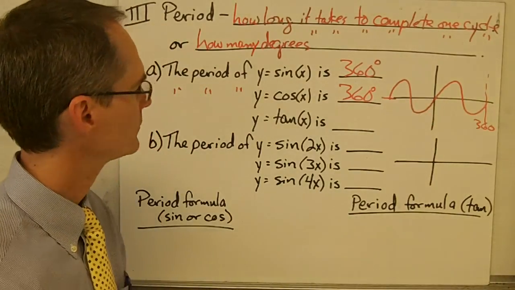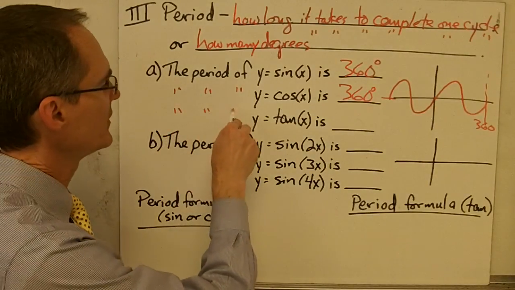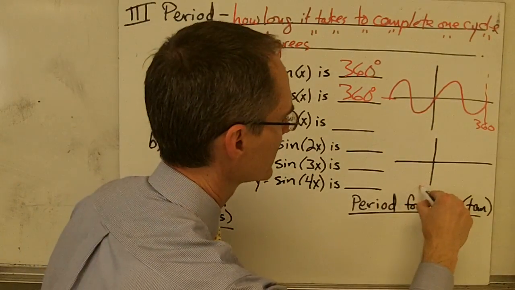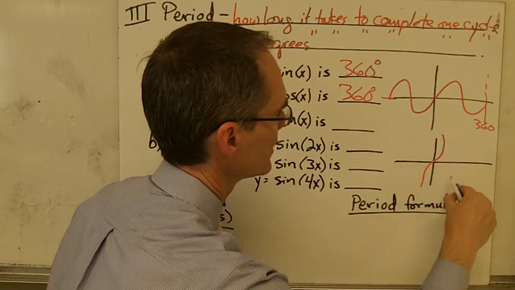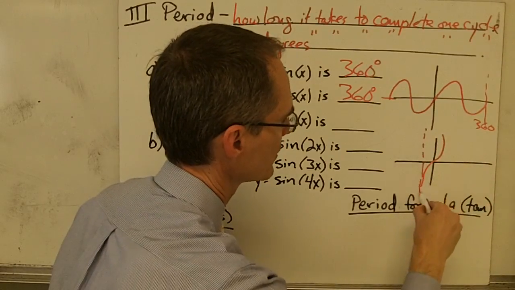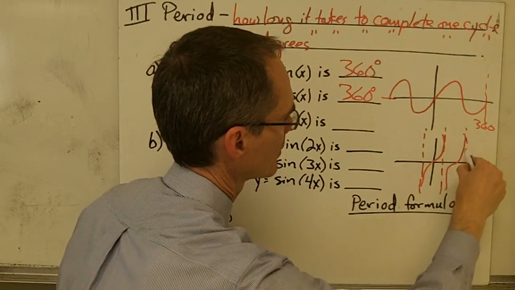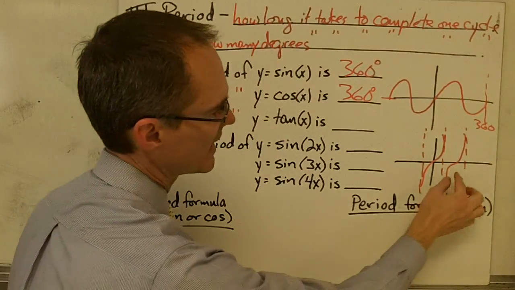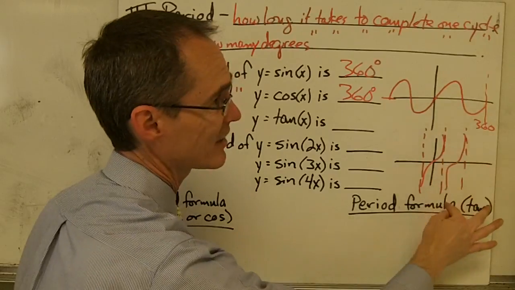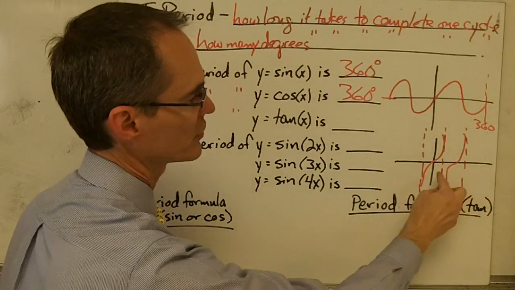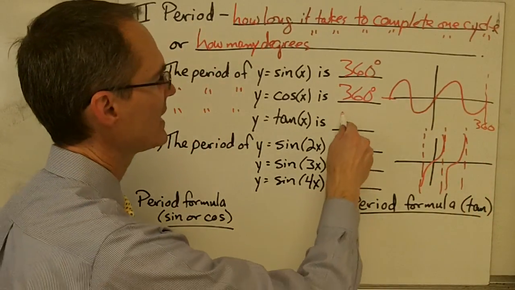And the period of the tangent function, now remember the tangent function looks kind of like this. It has these asymptotes. And the number of degrees it takes to complete one cycle on my tangent function is 180 degrees.